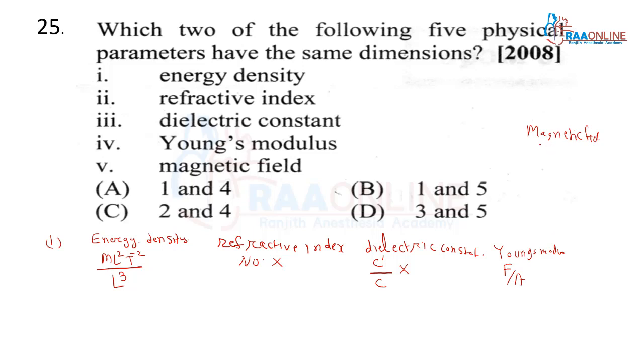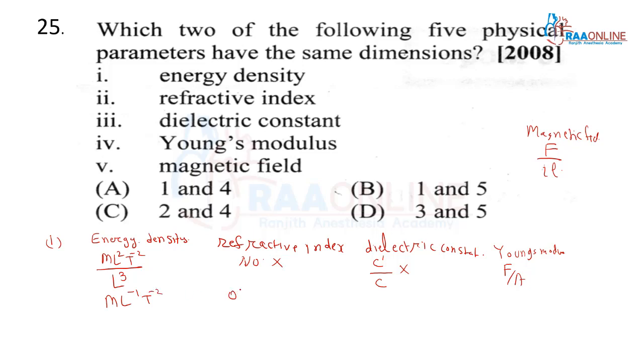F = ILB, so F upon I into L. See, in the first it is ML^-1 T^-2.